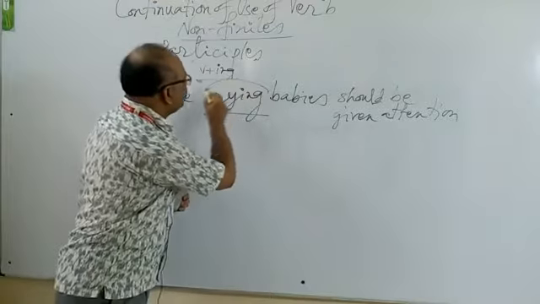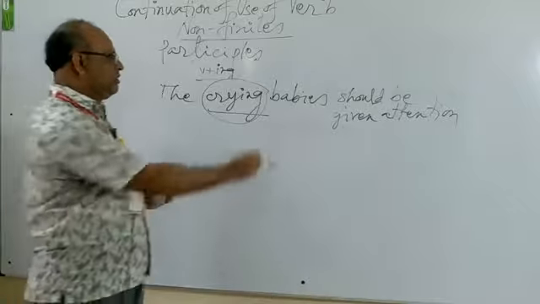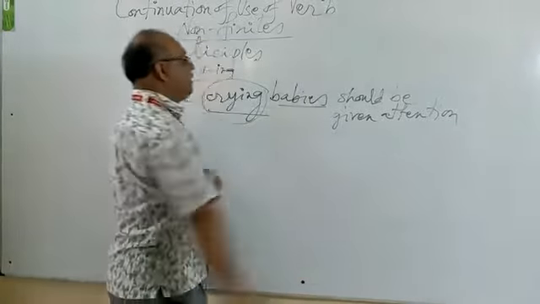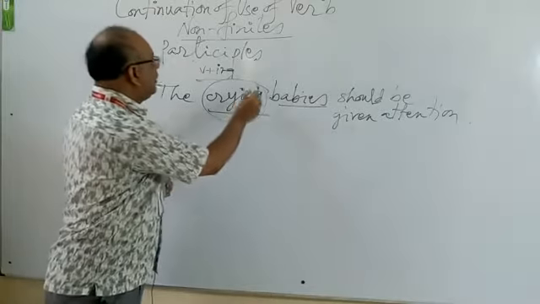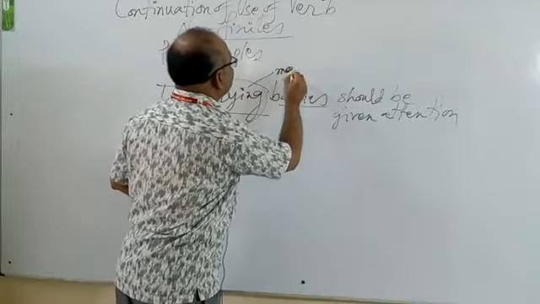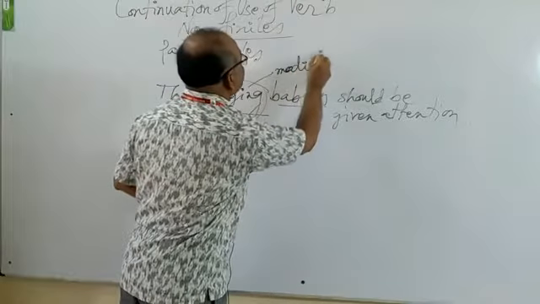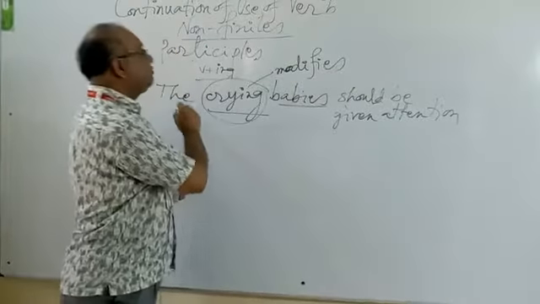So crying is an example of a present participle. You can see babies is the noun and subject, and crying modifies. Crying modifies who is baby.